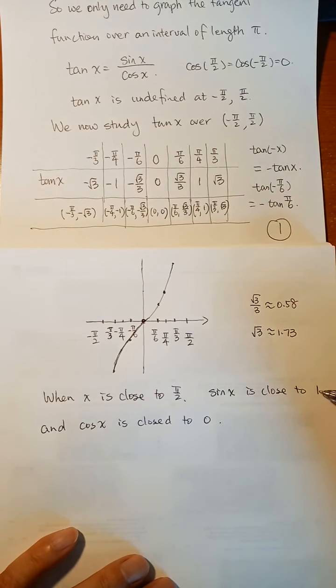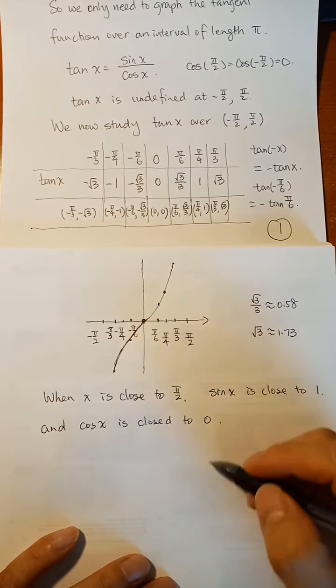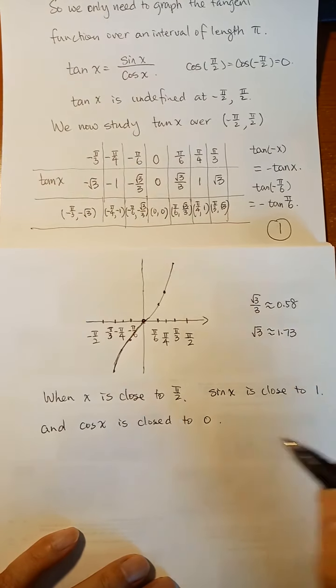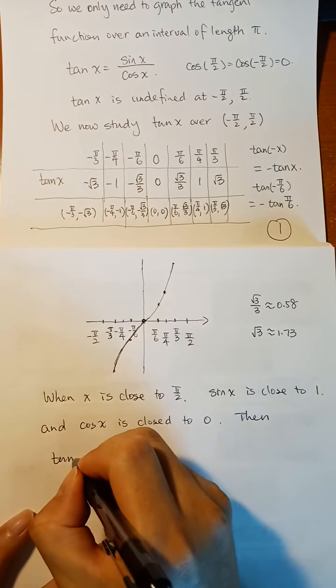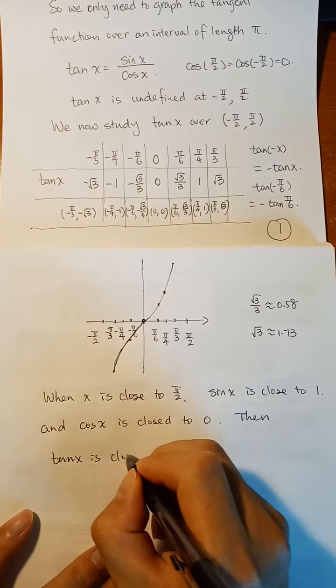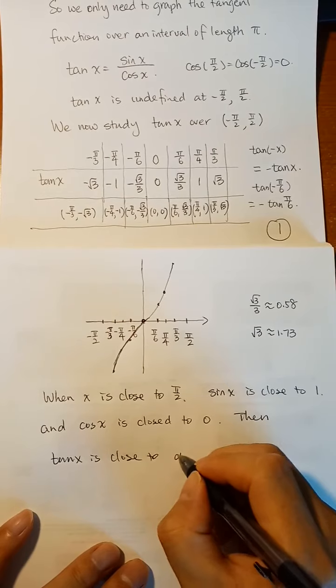So you divide 1 by an extremely tiny number. Then this tangent x is close to infinity.